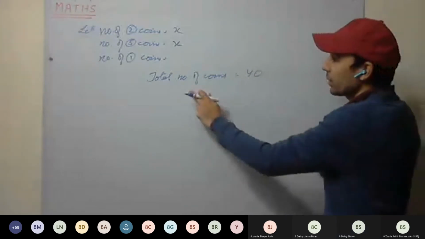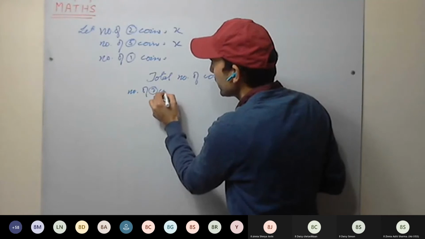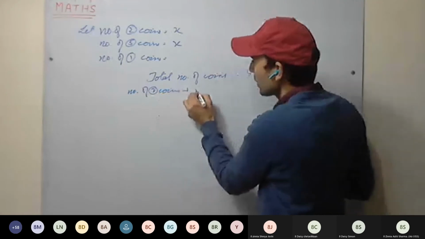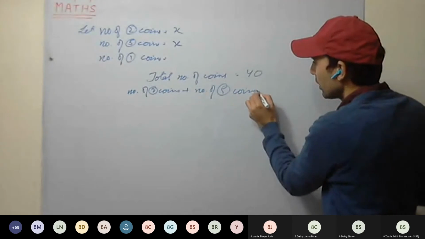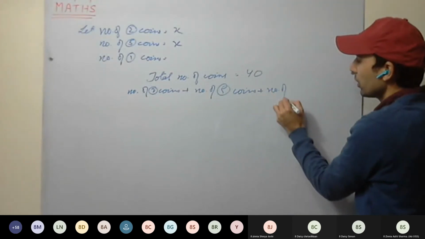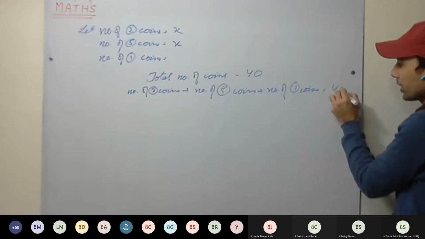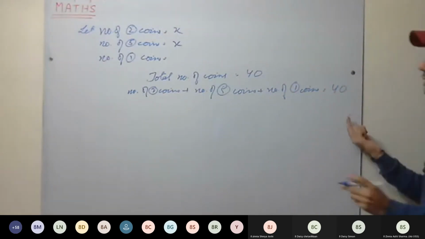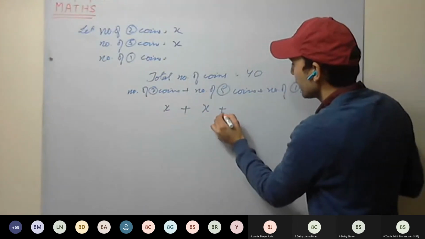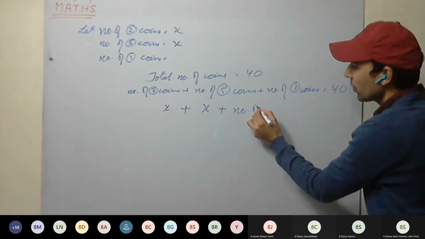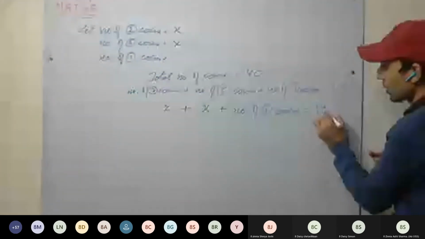The total number of coins is 40. It means the number of 2 rupee coins plus the number of 5 rupee coins plus the number of 1 rupee coins equals 40. Understood this one? The number of 2 rupee coins is x, the number of 5 rupee coins is x, plus the number of 1 rupee coins equals 40.